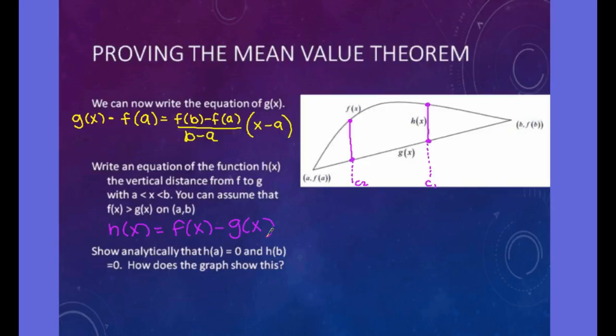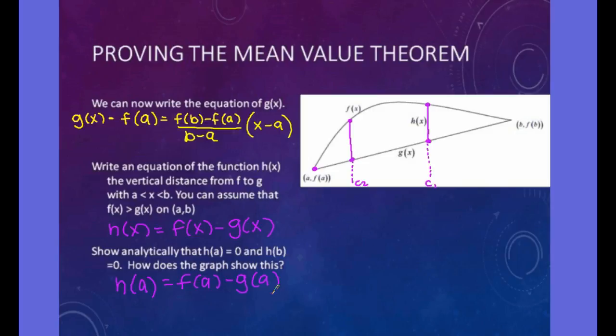And we could show analytically that h of a is 0. Because again, think about where h of a is going to be. It's going to land me right on that corner. If I plug a in up here, that gives me f of a minus g of a, but we already said that f of a equals g of a.